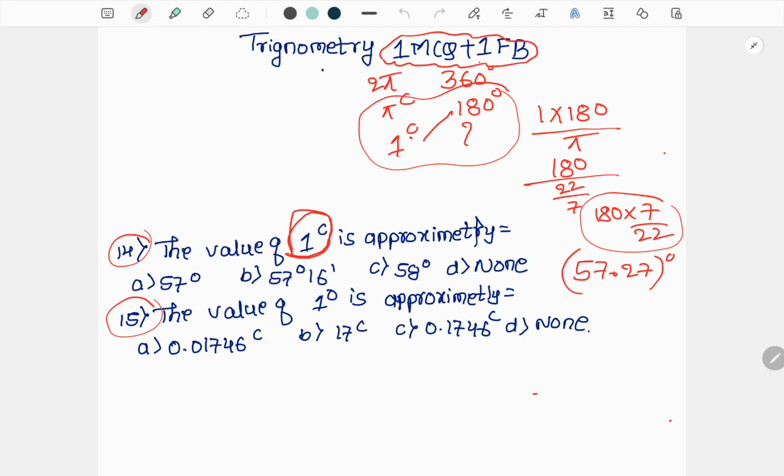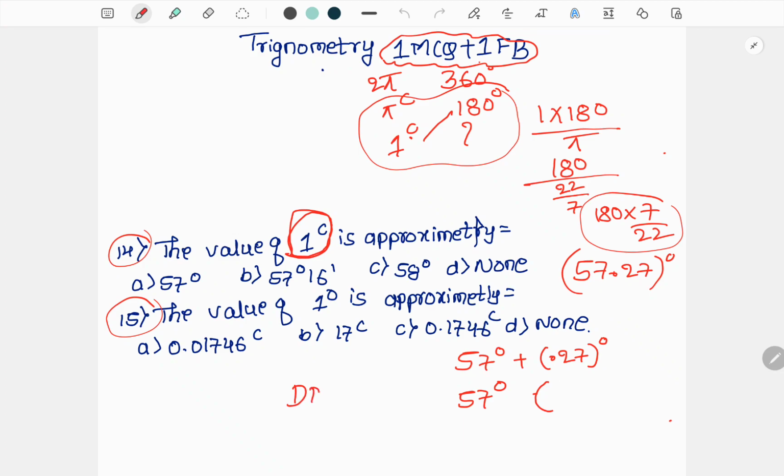Radian converted into degree. You may ask, sir, the option is not available. Students, we know further that degree we can convert into minutes. So this is 57 degree plus 0.27, and we convert it into minutes.